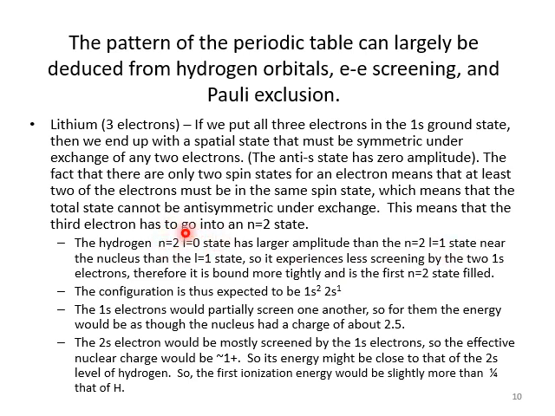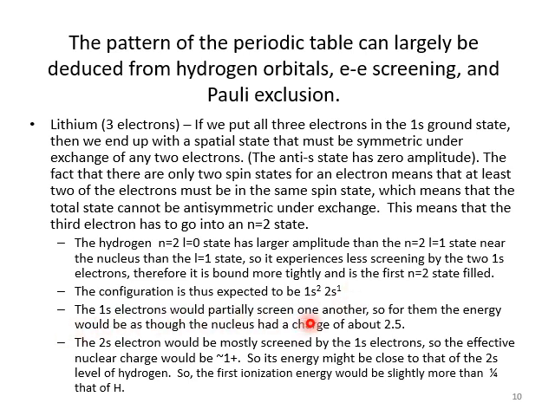The n equals 2, L equals 0 state has more amplitude inside of the 1s state, and therefore it experiences a little bit more of the nuclear charge, and therefore is more tightly bound than the L equals 1 state. So we expect the configuration would be 1s squared, 2 electrons in the 1s state, and 1 electron in the 2s state.